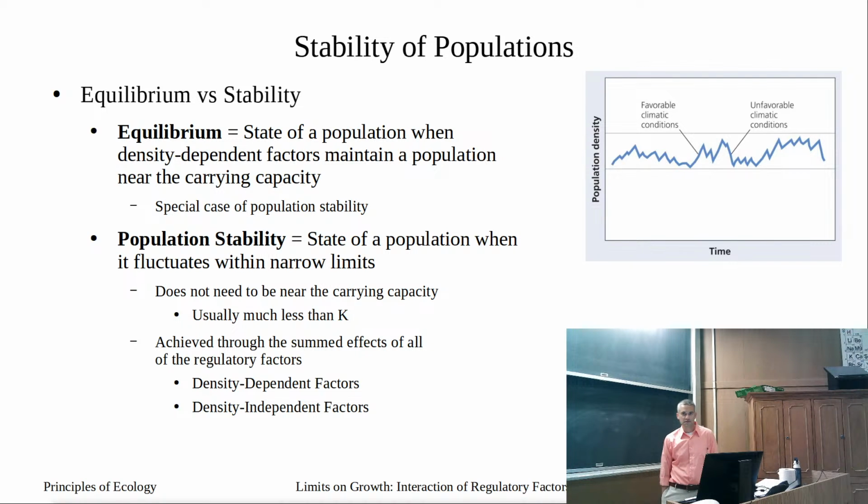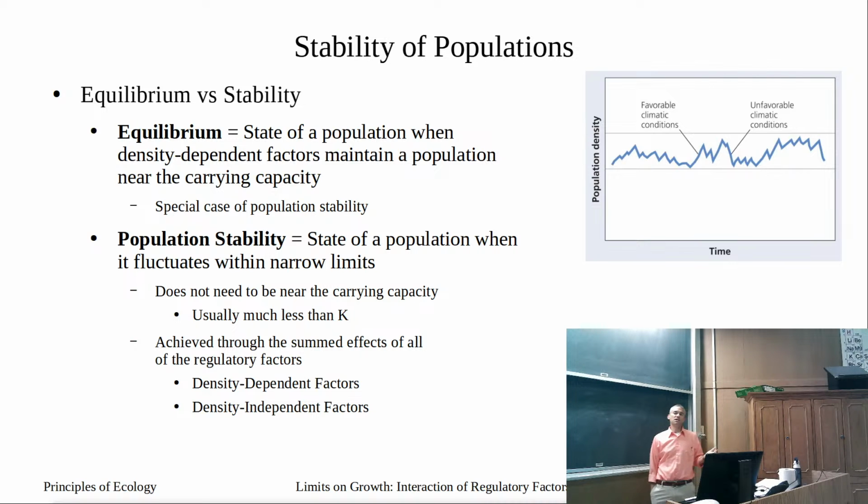Equilibrium versus stability. We started kind of getting to this point. So equilibrium really has a meaning that we're going to be fluctuating, or we can be fluctuating. So the conventional definition of equilibrium is that it's not changing at all. And we're going to say that just doesn't happen. All right, contingency in ecology is not going to make that happen.